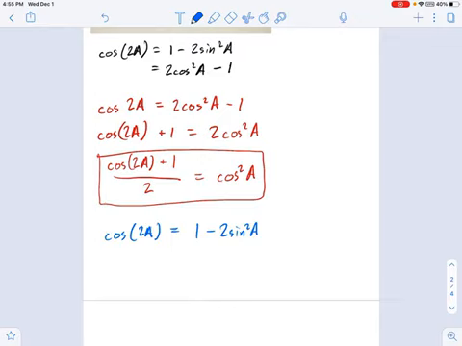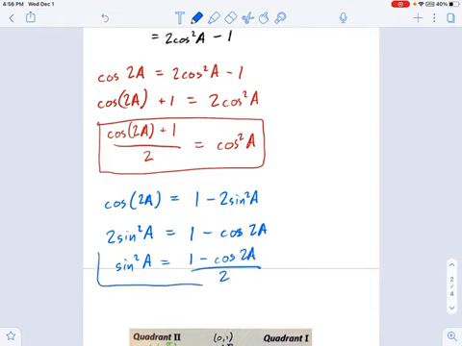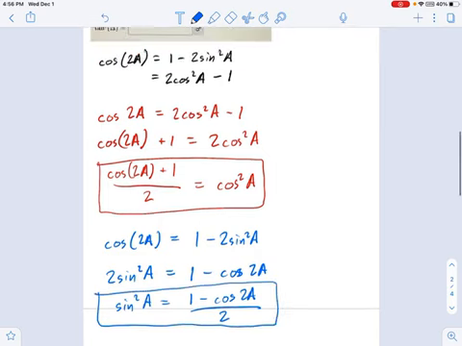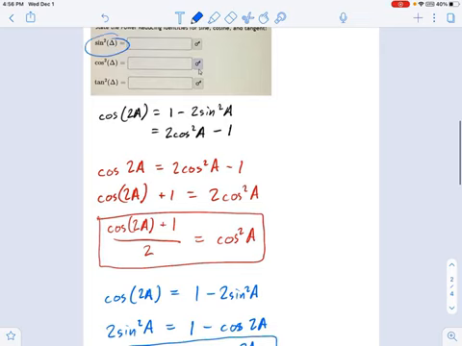I'm just going to add 2 sine squared of a over to the left and bring the cosine of 2a over to the right. I think it'll be a little easier to talk about this way. And now I just divide each side by 2. So I get sine squared a equals 1 minus cosine 2a, all divided by 2. So that's our sine squared power reducing identity, and you would put that way up top where it's asking for sine squared right here.